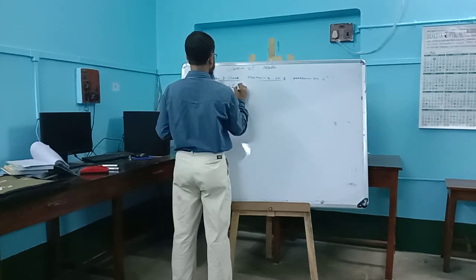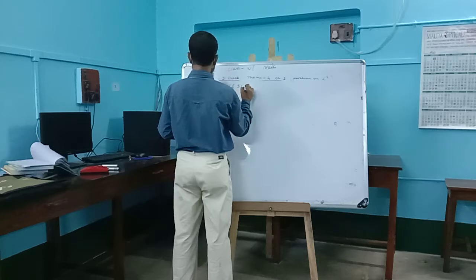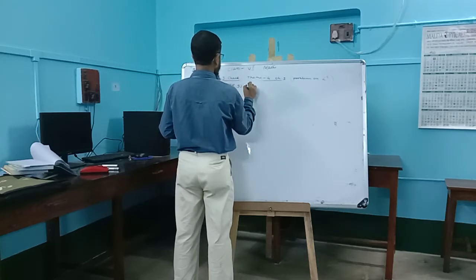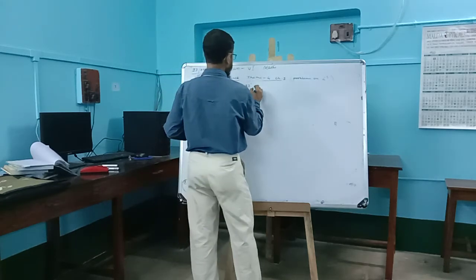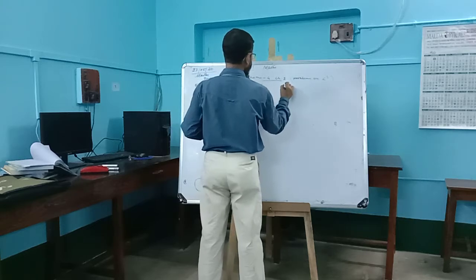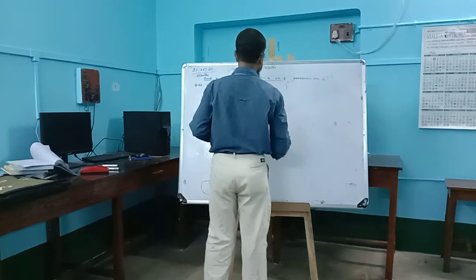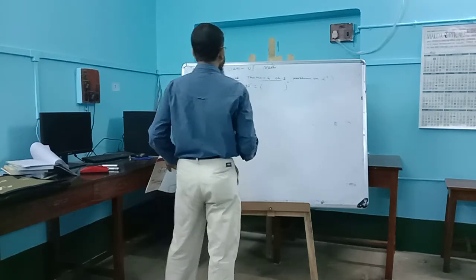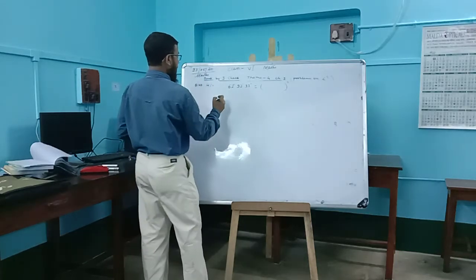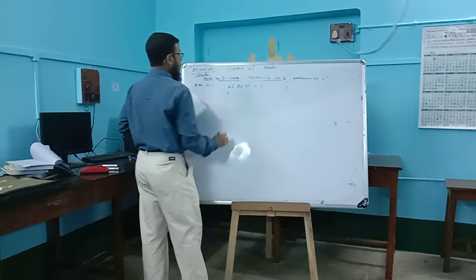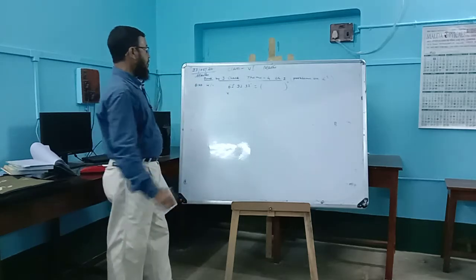62 degrees, 32 minutes, 32 seconds is equal to dash seconds. Now we have to reduce this. 1 degree equal to 60 minutes.